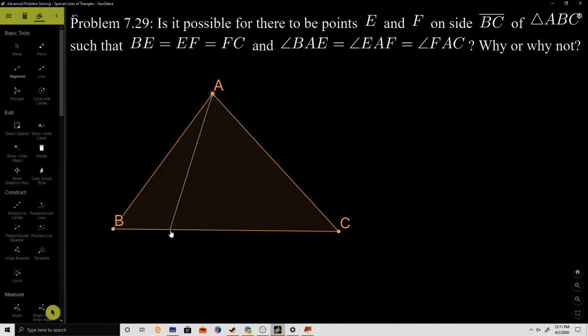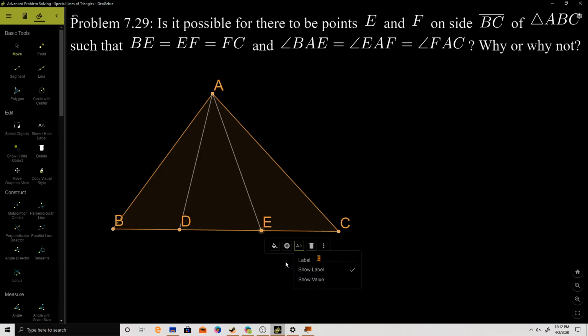So let's draw some lines to those points. So what I'm going to do is label this. It's a little off from what I would like. Label this as F. Label this as E.